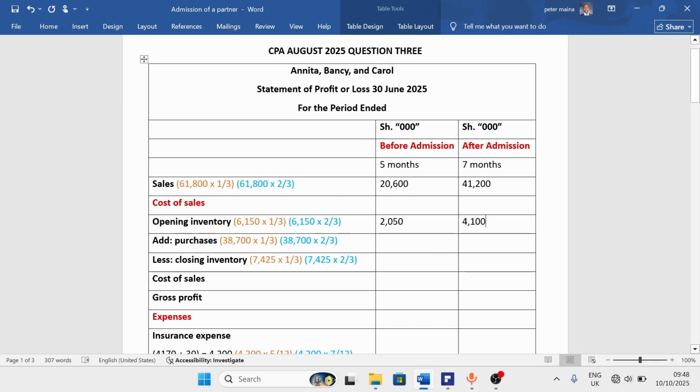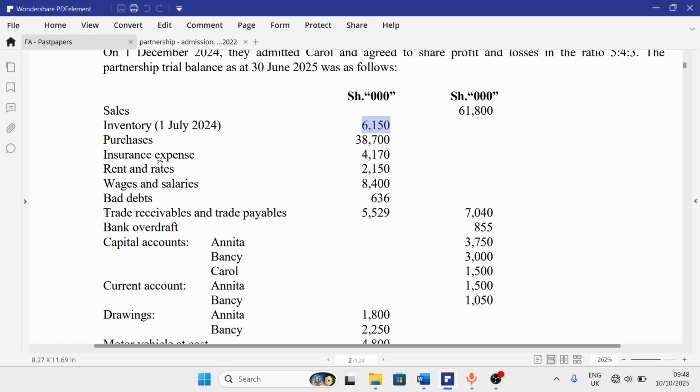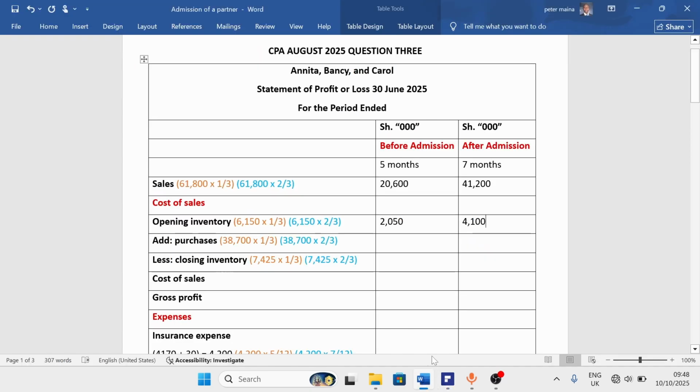So that is for the opening inventory. Next, we go to purchases. From the question, the amount of purchases is given as 38,700. So now let us apportion 38,700 using the same rate.